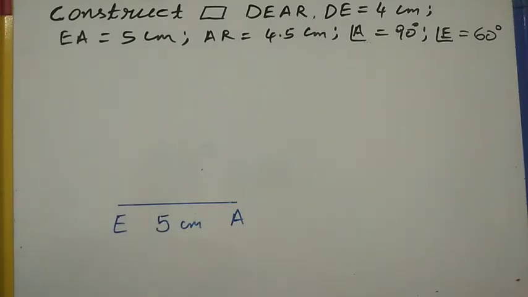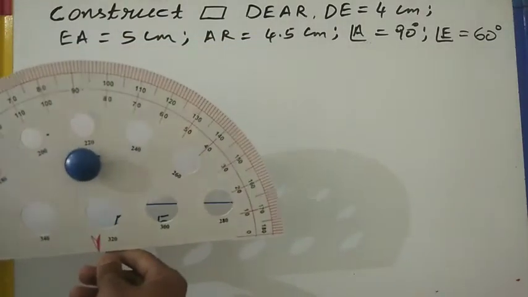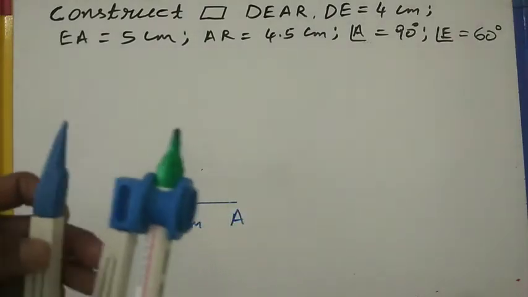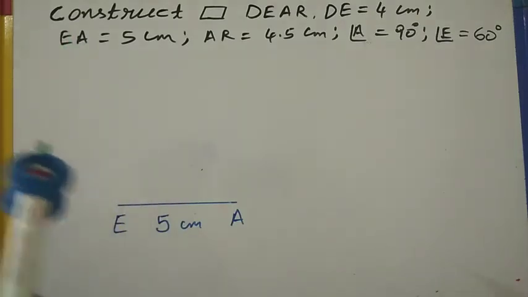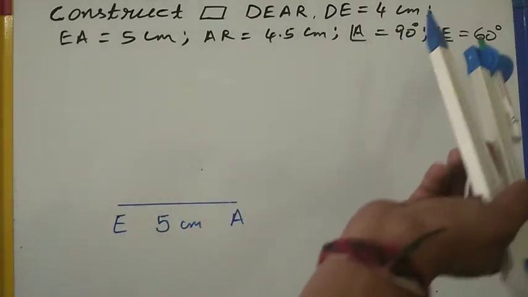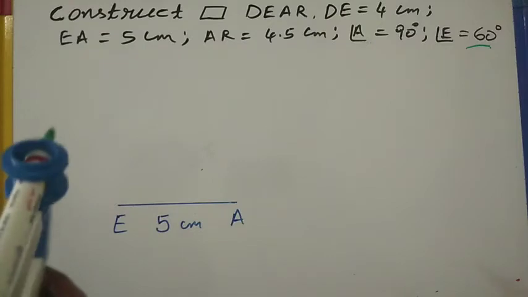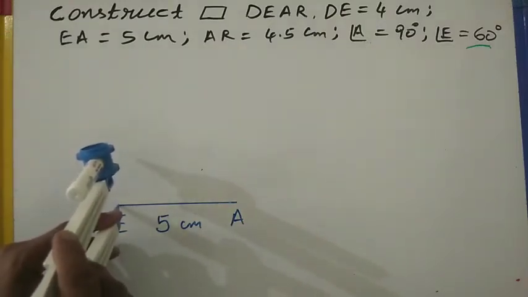Now, I can go for constructing either using protractor to draw a ray of 90 degrees, or I can use a pair of compasses to draw a ray of 90 degrees. First I will go for constructing angle 60 degrees at E with the help of a pair of compasses. You know the procedure of doing.